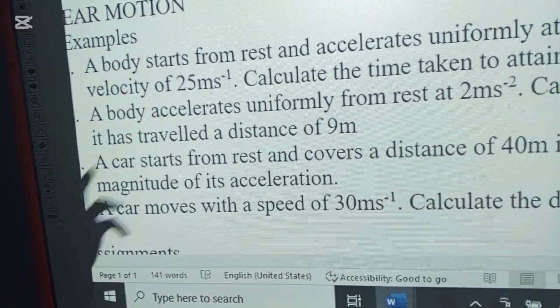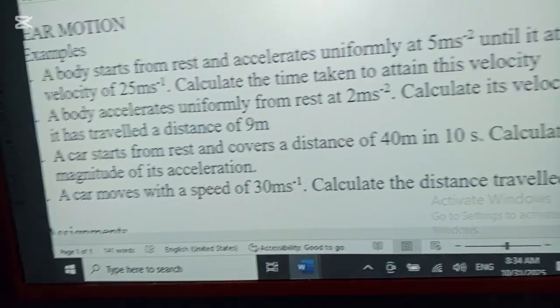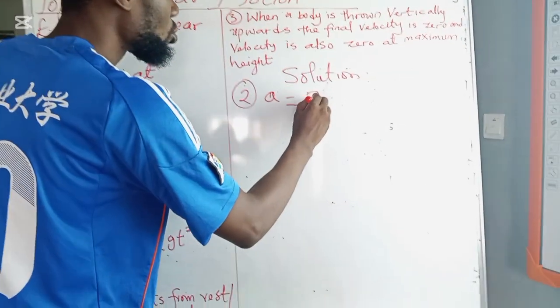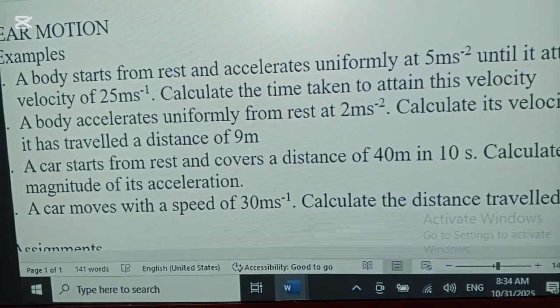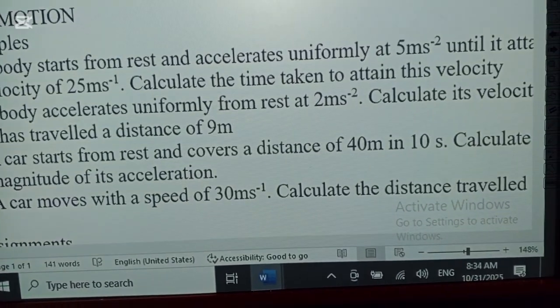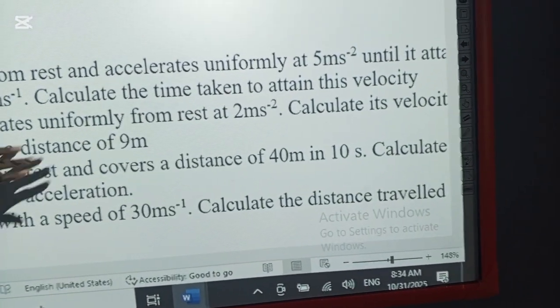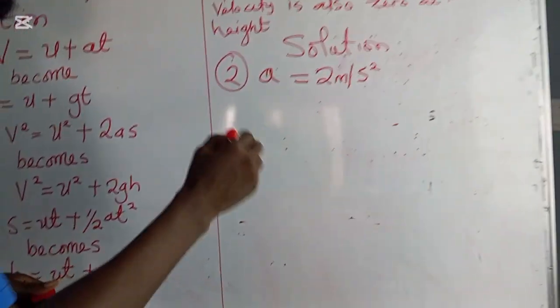Now let's look at all the parameters we have there. In question number 2, the body accelerates uniformly from rest, which means acceleration is 2 meters per second square. It says calculate its velocity when it has traveled a distance of 9 meters.